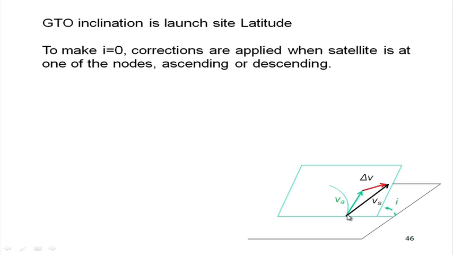So, the velocity on this inclined plane is this, and the velocity we have to achieve, Vs, that is synchronous orbit or geostationary orbit, is this. So, you can form a triangle and you can find out the delta V that is required, which is equal to the square root of Va square plus Vs square minus 2 Va Vs cos of I.